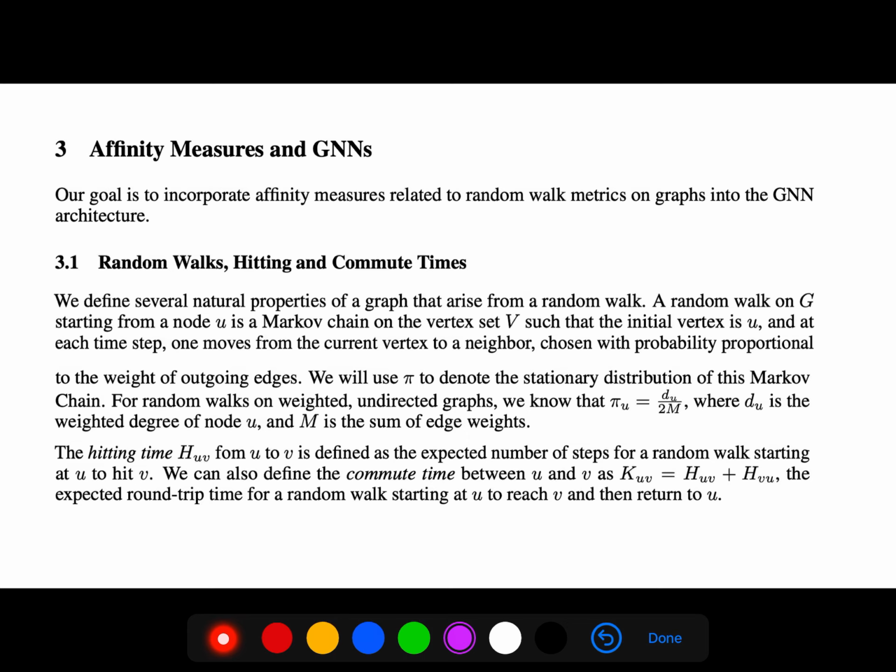We will use pi to denote the stationary distribution of the Markov chain. We know for an undirected graph, this is the stationary distribution, where d sub u in the numerator is the weighted degree of node u, and m in the denominator is the sum of edge weights.